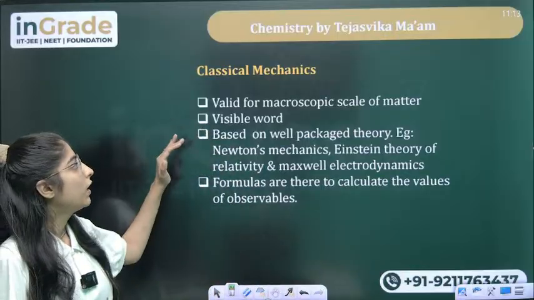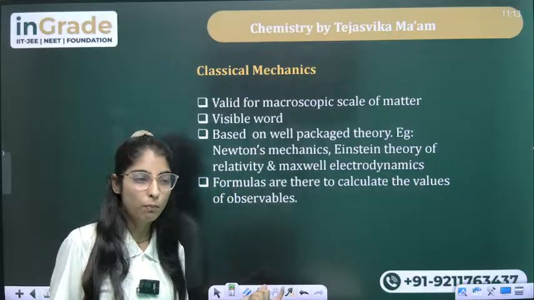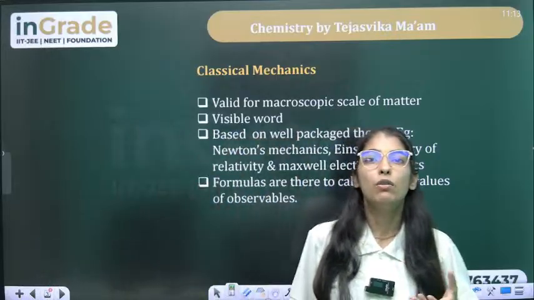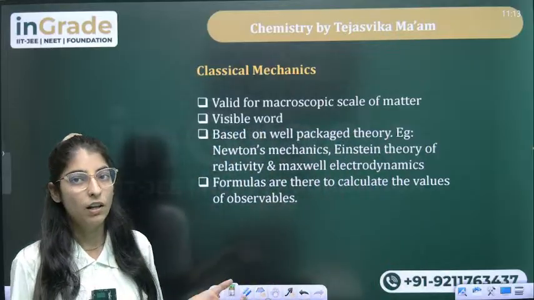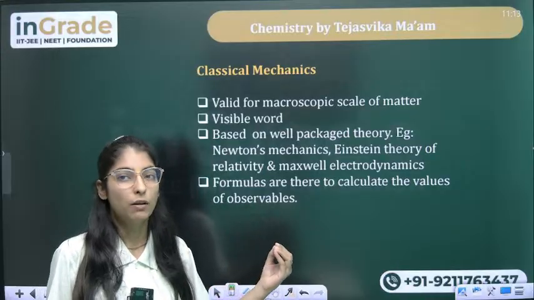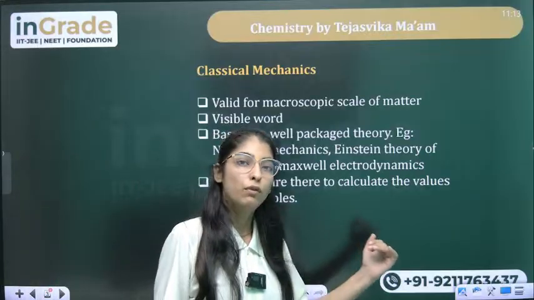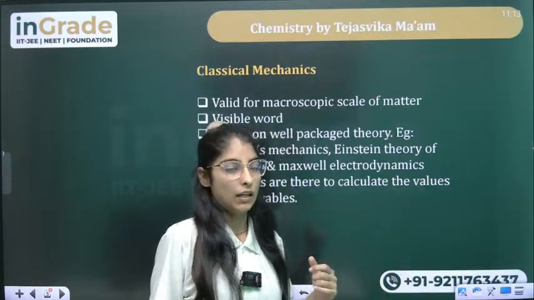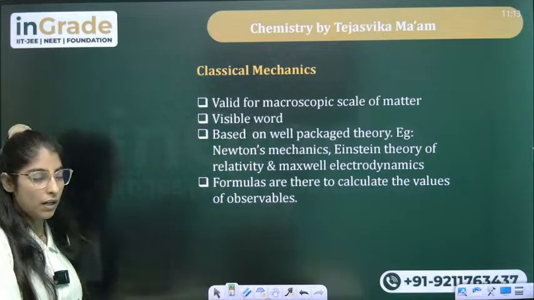But in quantum mechanics we are discussing microscopic particles. When these laws are applied at the microscopic level, they are not able to find the exact value for that particle. That's why we have to move towards quantum mechanics.